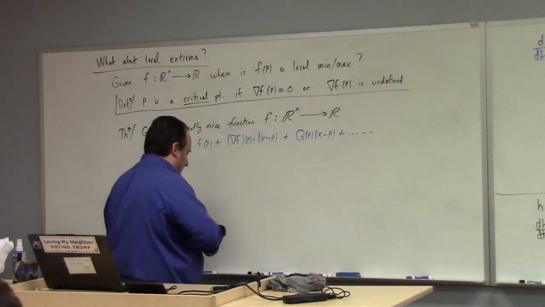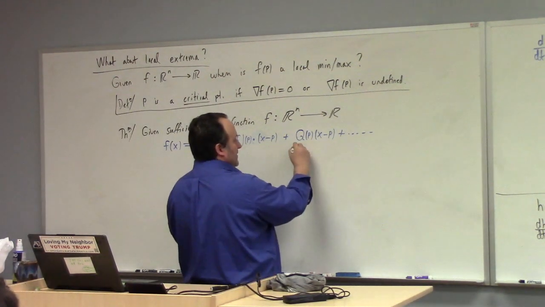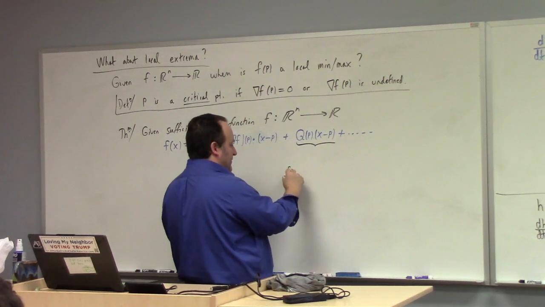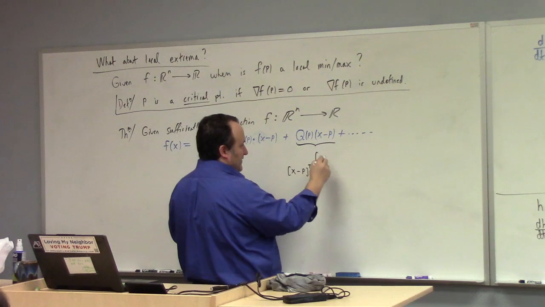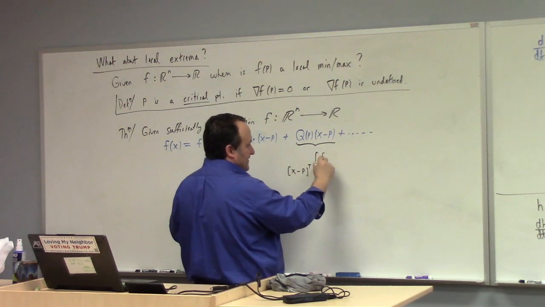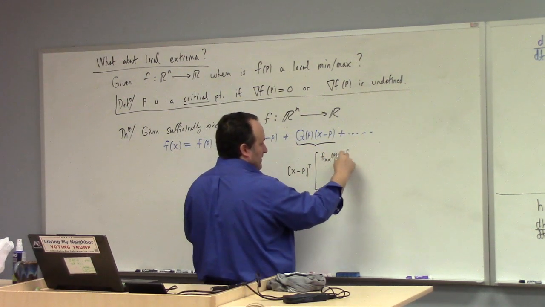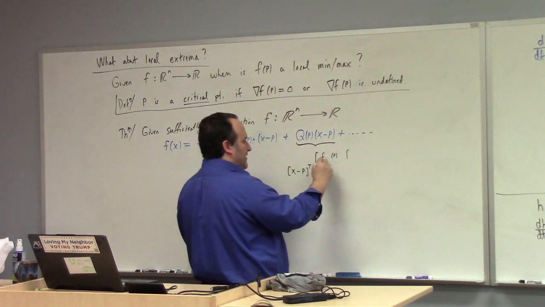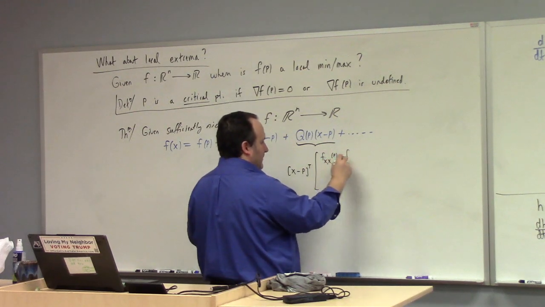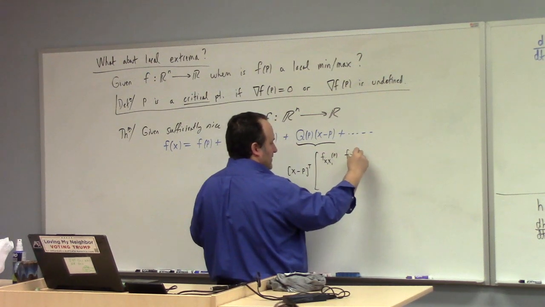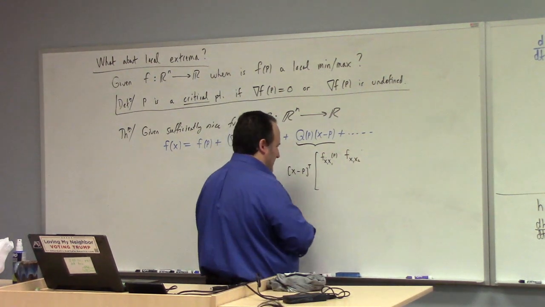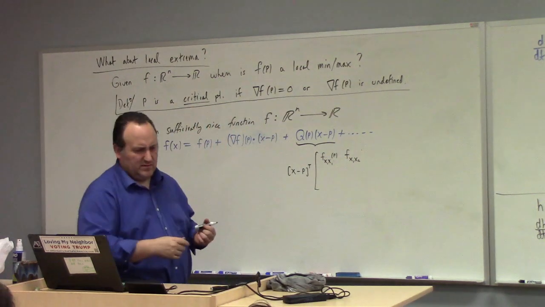Now let me expand on what this is. This formula is more like this. I could do x minus p transpose times a matrix, which looks like the following. I don't like that notation, this notation's hideous. Let me do better.